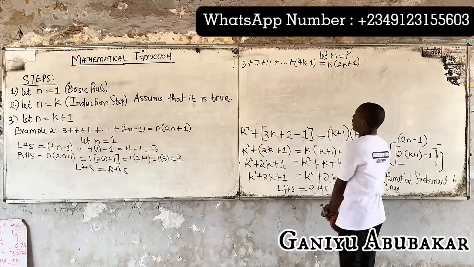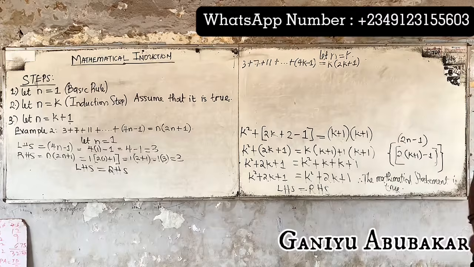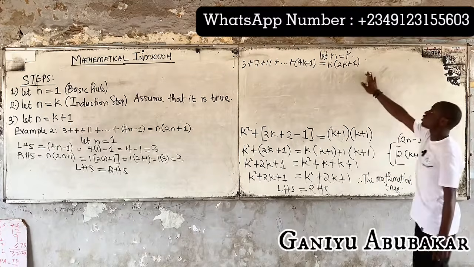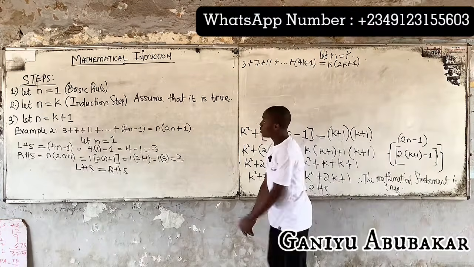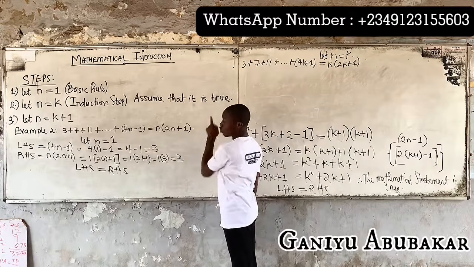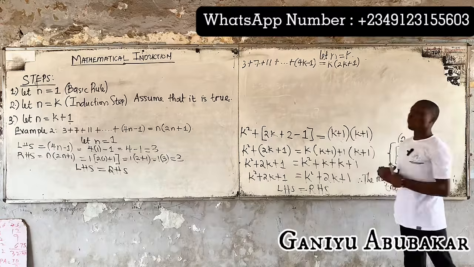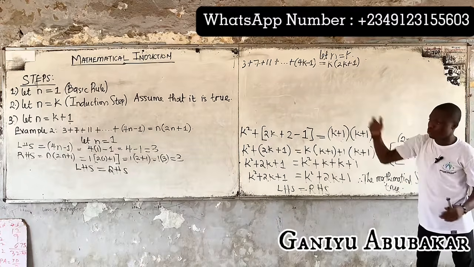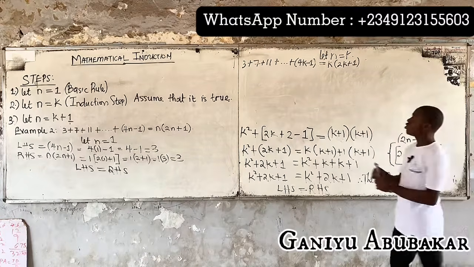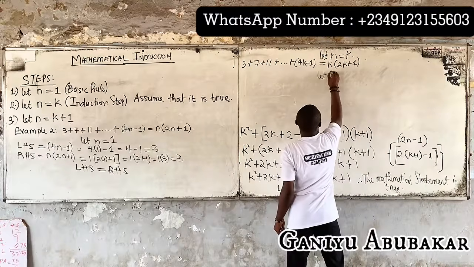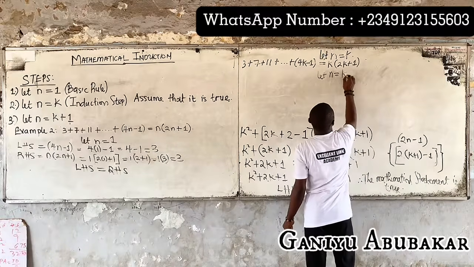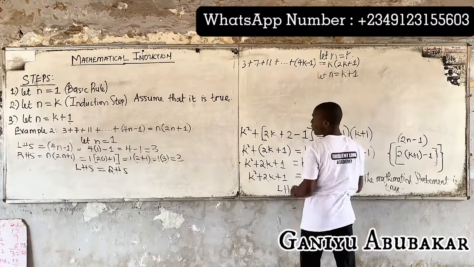I have this one here. So now, what's the next task? We said assume this is true. So after applying your induction step, what's your next task? Let n be k plus 1. So at this point, let n be k plus 1.